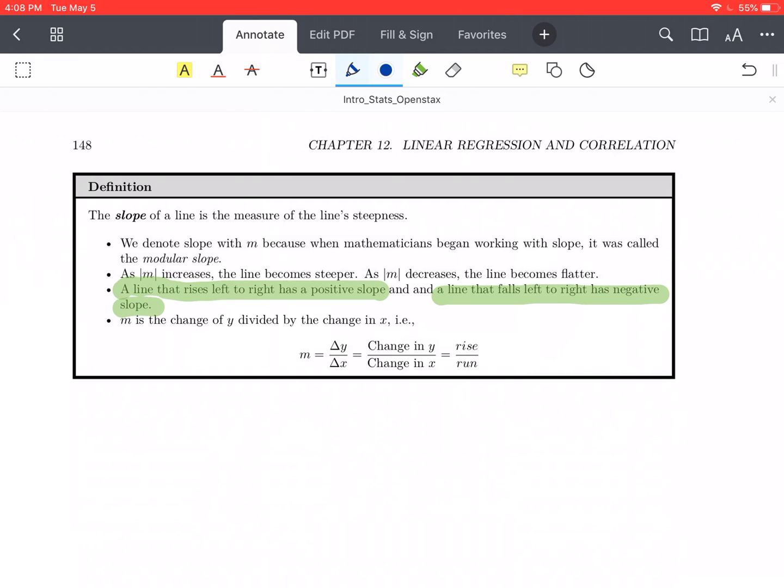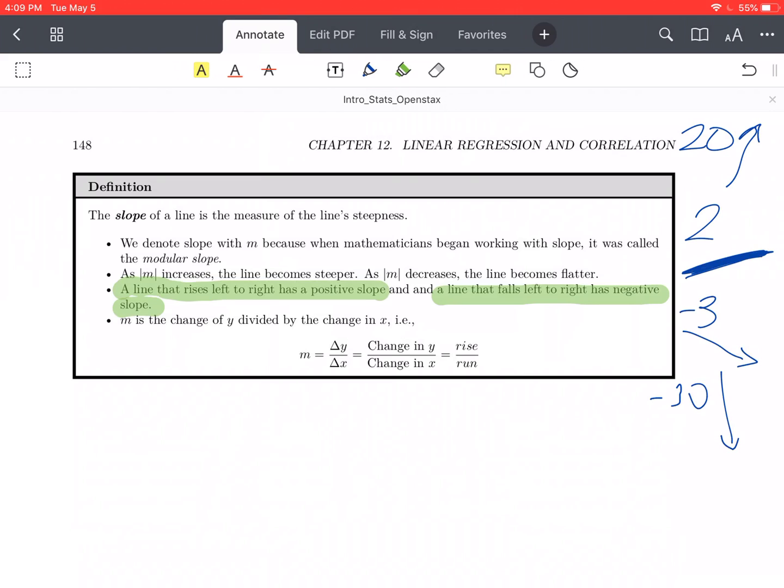So a slope of 2 is positive, so increasing but a little more flat, whereas a slope of 20 is increasing and very steep. Negative 3 is going downward, but only slightly, and negative 30 is significantly decreasing, very steep, but in the negative direction.